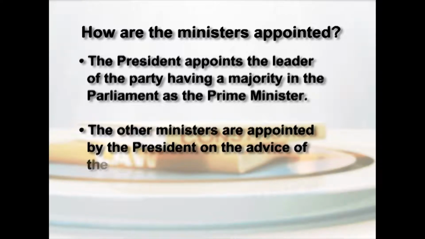Though the President selects the Prime Minister, the other ministers are appointed by him only on the advice of the Prime Minister. Not only that, the Prime Minister even distributes the portfolios amongst the different ministers. Though officially they are distributed by the President, the final say with regard to the distribution of portfolios is that of the Prime Minister.